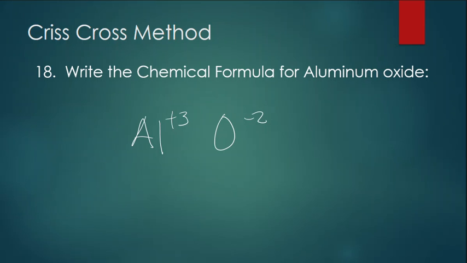Crisscross. Okay. What is the whole purpose for these positives and negatives? To make sure you put them in the right order. Once you've put them in the right order, do they matter anymore? No.